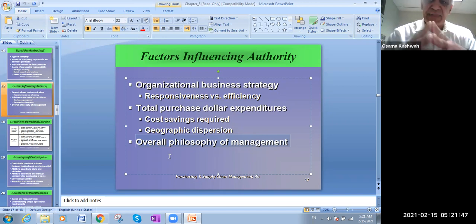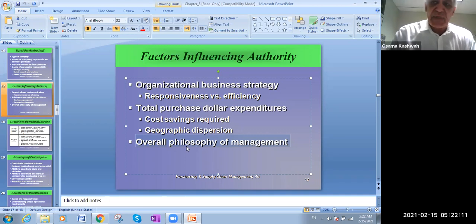The authority and the responsibility, like we said before: authority is the power to give orders and the right to expect these orders to be obeyed. We have formal authority, which is from the manager to the employees. So this depends also on the philosophy of the management.